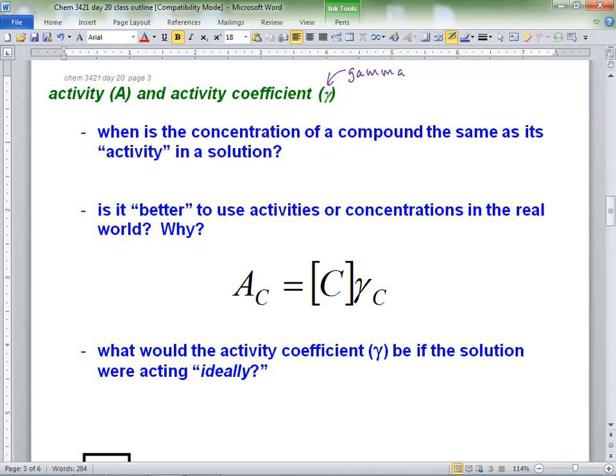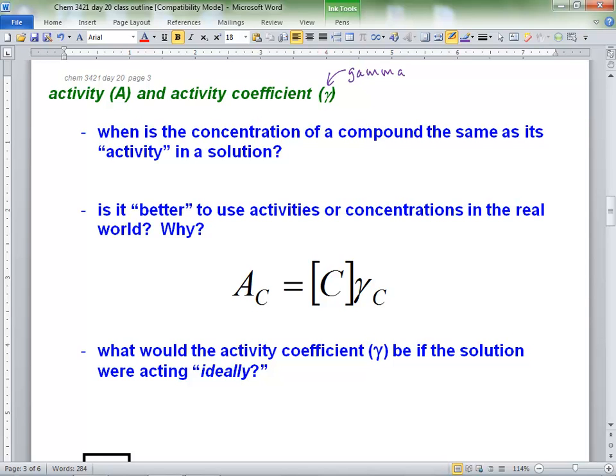If we add salt and talk about the solubility of this insoluble compound, and the solubility is supposed to increase, if we use activities, we'll predict the right answer. That's what activity is really driving at. If you use concentrations, you get the wrong answer. So the question is, when does it not matter? When is the concentration of a compound the same as its activity in a solution?